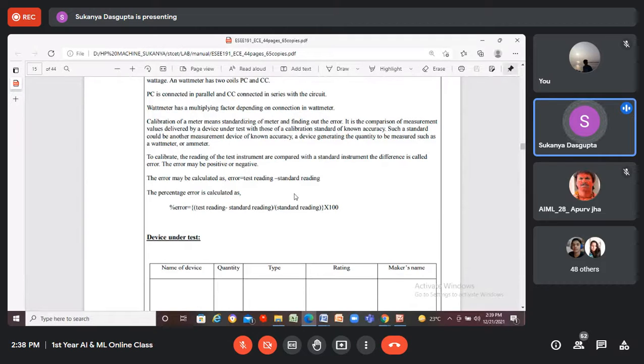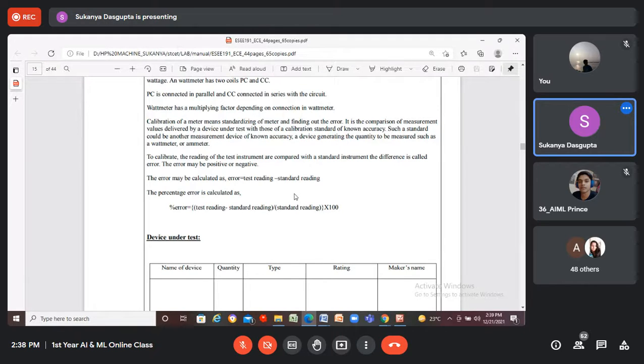Set value is generally named as the true value or the standard value. And all these observed data, the measured data from the experiment, are called the test data or test reading, right? Now, if these test readings or test data are close to each other, then we say that all the readings, all the data are precise.